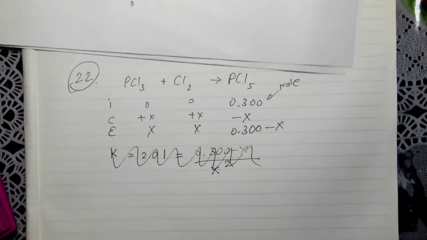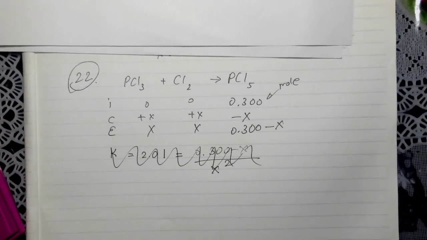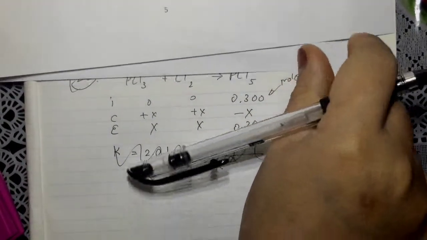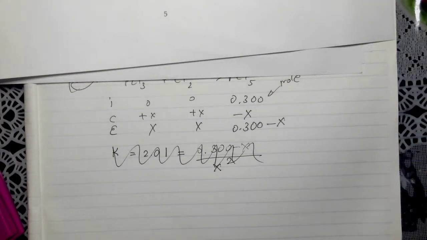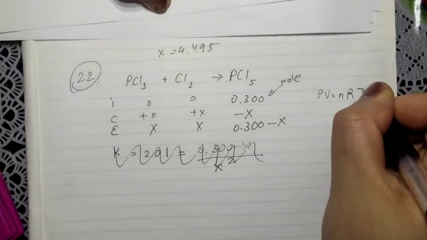So I need a pressure for that one because I have a mole. How do you get a pressure? PV equals nRT.